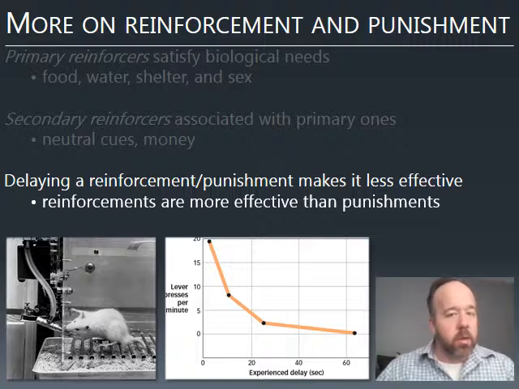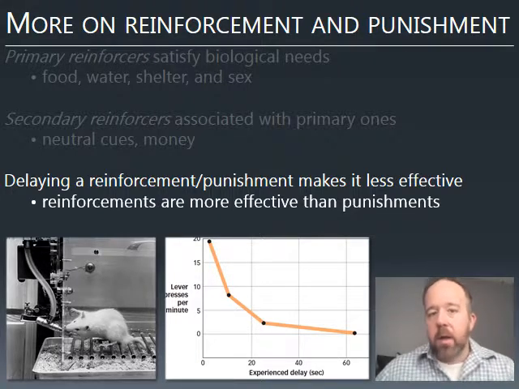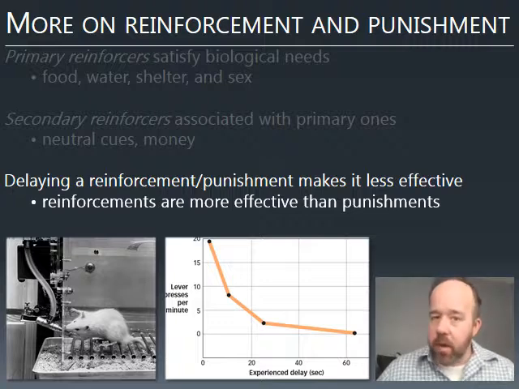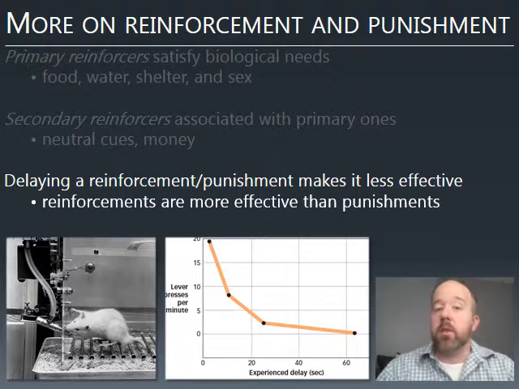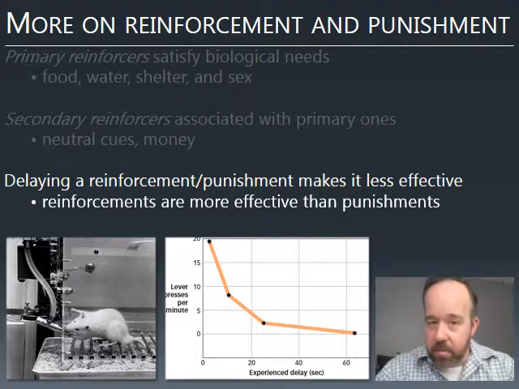It may do something else that's not desirable because, again, if the animal is reinforced for a particular behavior, it can increase the likelihood of that particular behavior. If it's punished for a behavior, it doesn't know what to replace the behavior with. And so in general, reinforcements are more effective than punishments, and both things are more effective when they're delivered soon after the behavior of interest.